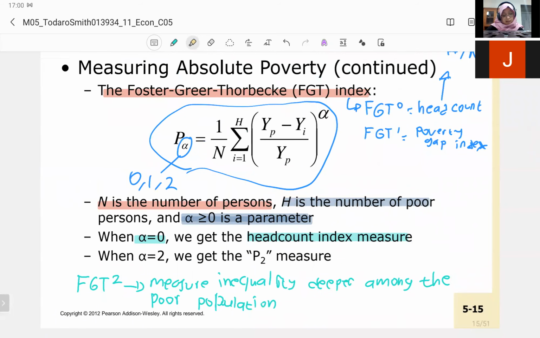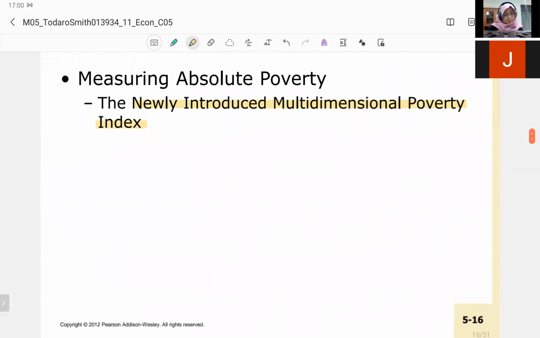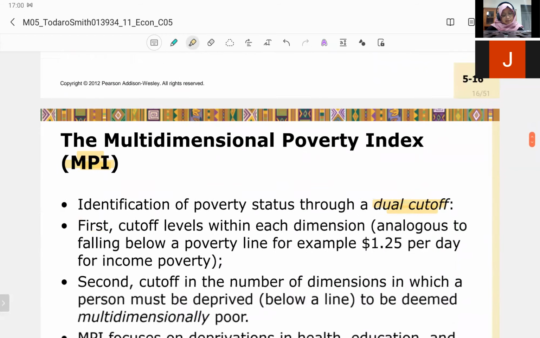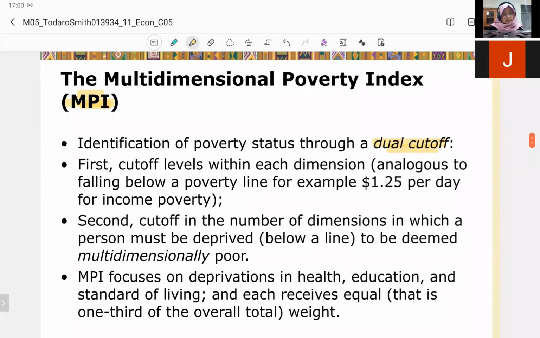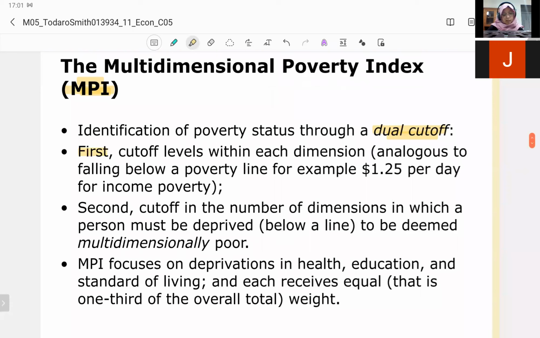Now with the MPI, we will examine other dimensions as well. This MPI identifies poverty status using dual cutoff: the first cutoff level within each dimension, and the second cutoff in the number of dimensions in which a person must be deprived to be deemed multidimensionally poor.